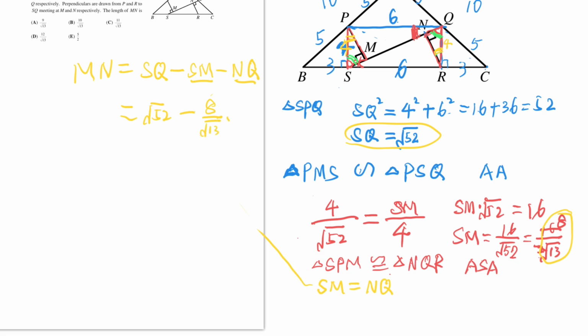And we times 2 because NQ is the same thing. Now we simplify this one.